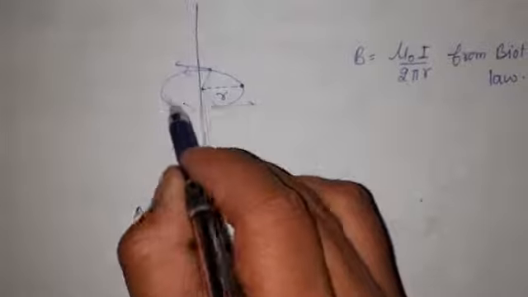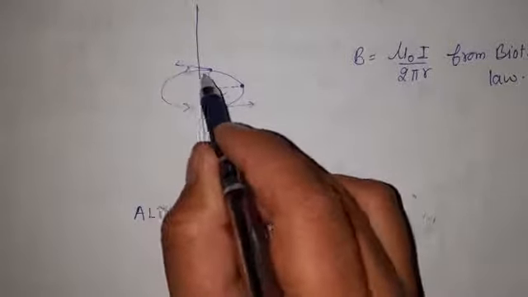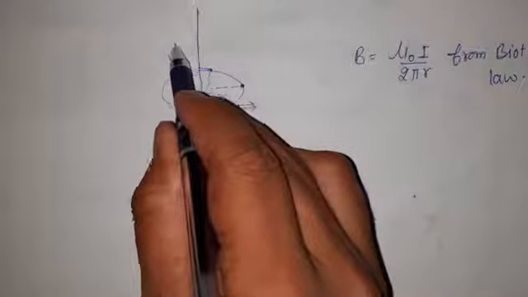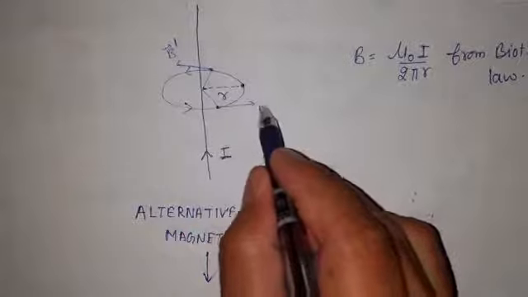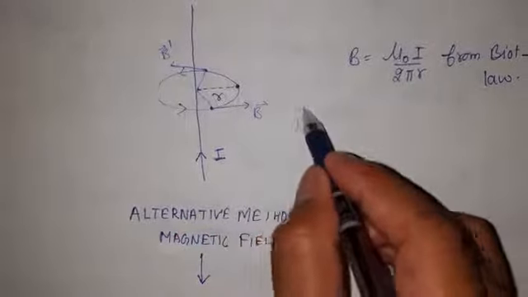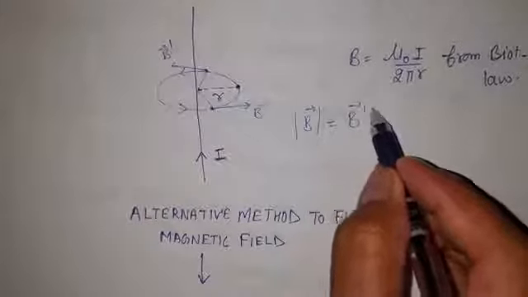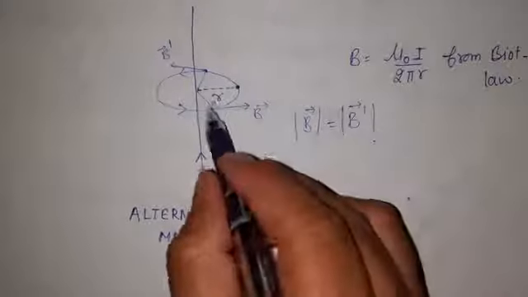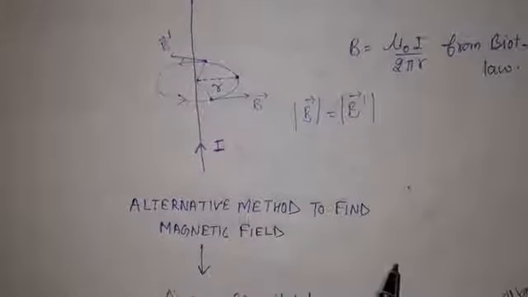See the direction of the loop, and according to that take the direction of the tangent. This tangent is going to give us the magnetic field. Here it is B dash, and here it is B. The magnitude of this magnetic field will be the same. Why will that be the same? Because both are at the same distance from this current carrying conductor.